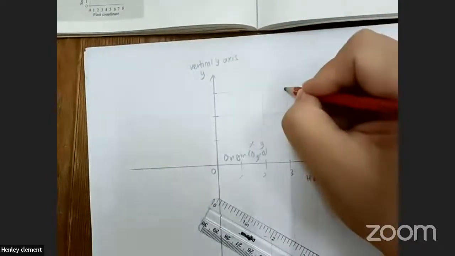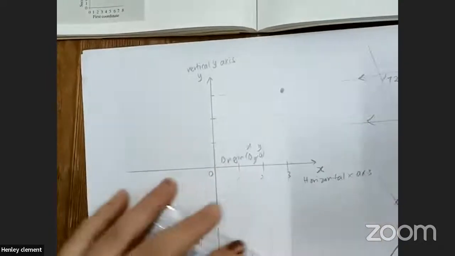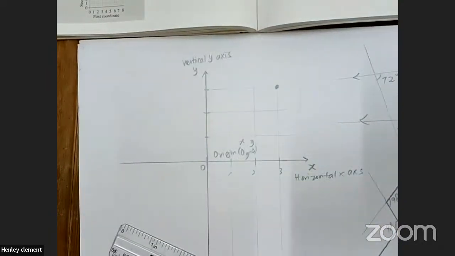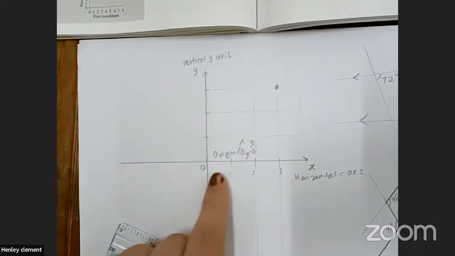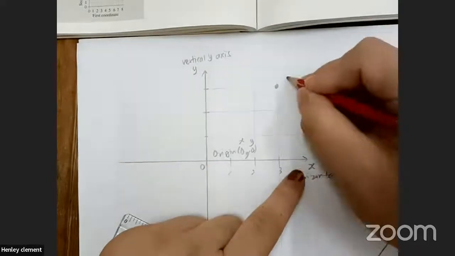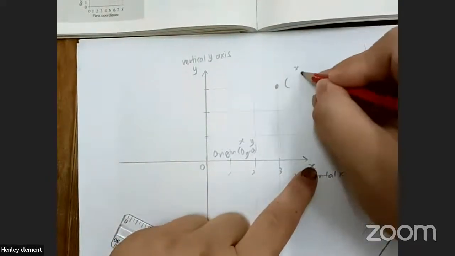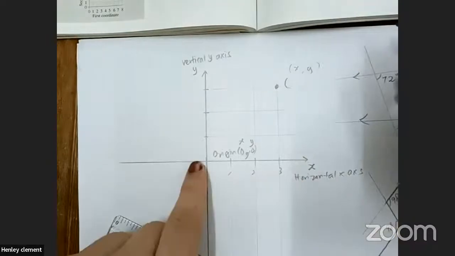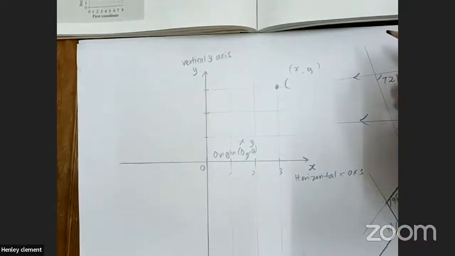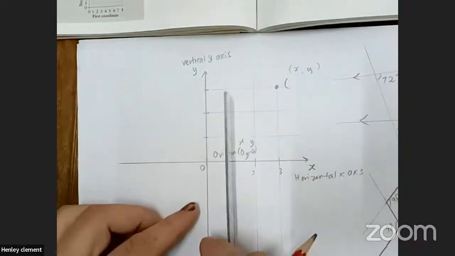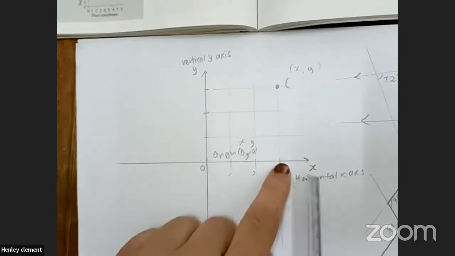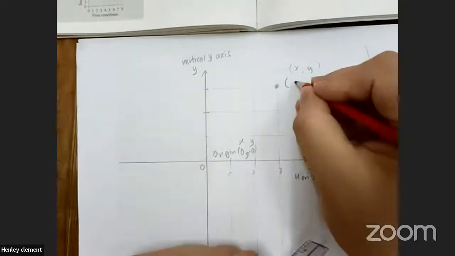If somebody is standing here, can you tell me where the position is? Following the coordinate, you need to write down x first and then y. So x is 1, 2, 3. X is at line 3. So it's 3.